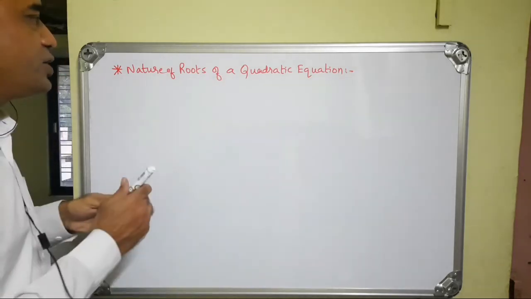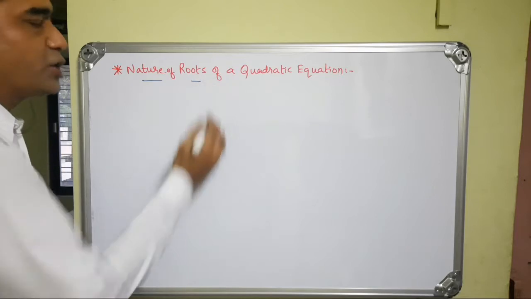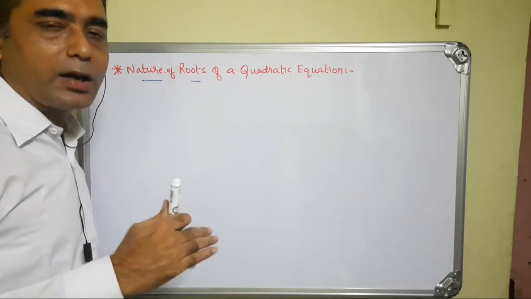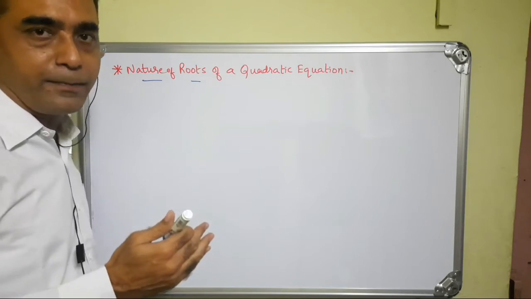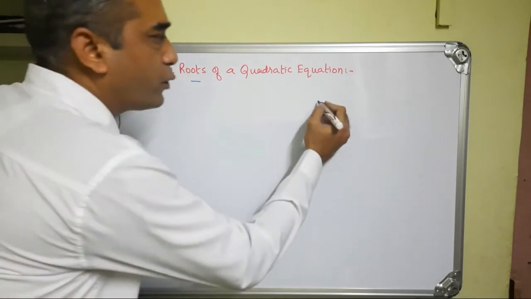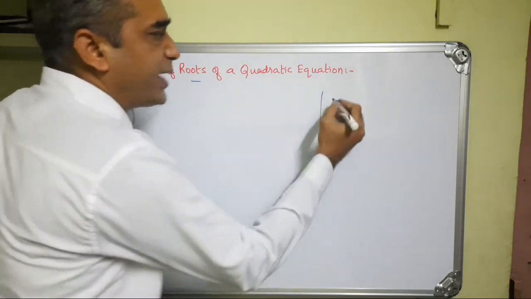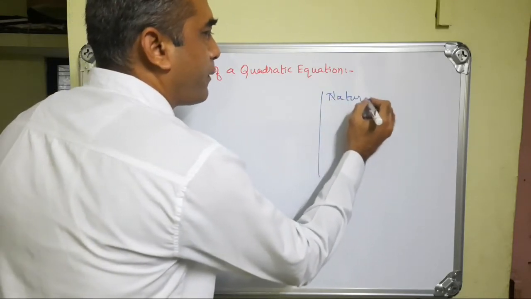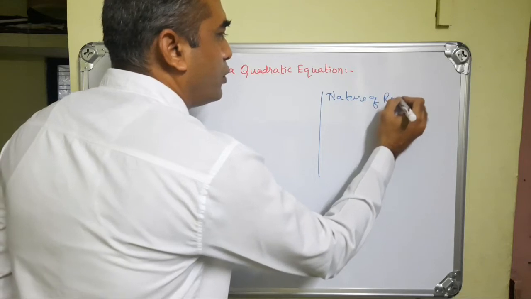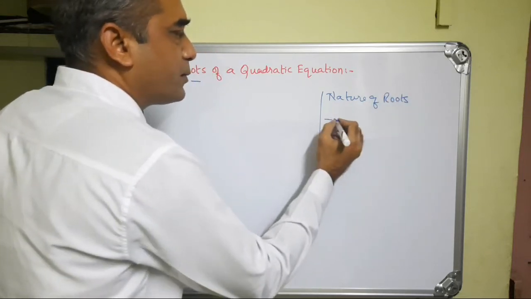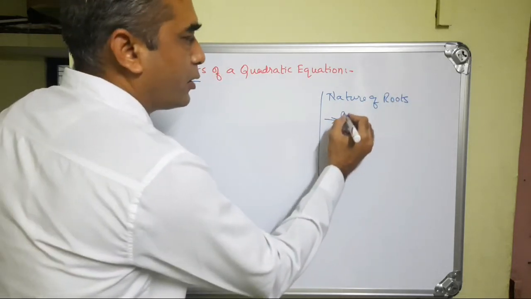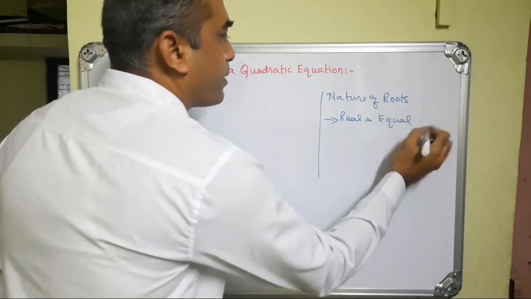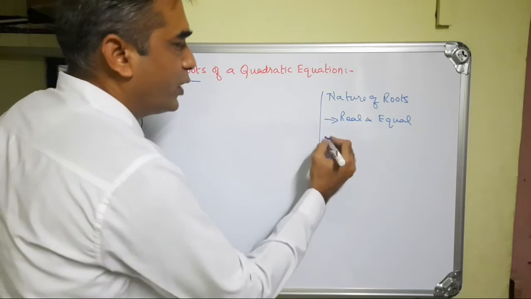Now what is meant by nature of roots? Nature of roots means the roots are of different kinds. What are the types of roots? The roots may be real and equal.